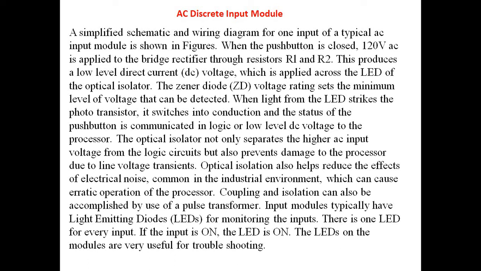The Zener diode voltage rating sets the minimum level of voltage that can be detected. When the light from the LED strikes, the phototransistor is switched into conduction and the status of the push button is communicated as a logic or low level DC voltage to the processor.